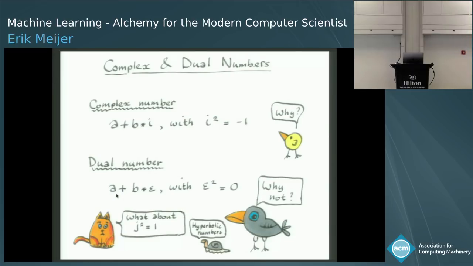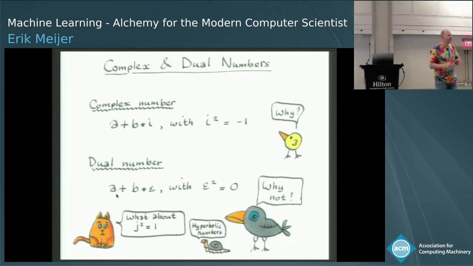And if you multiply them, you just use the rules of multiplication. And then if at some point in this term you get an I squared, you just replace that by minus 1. That's just how you defined it, right? And again, it turns out that this thing is super useful. It's used in electronics, physics, whatever, graphics. But again, think of these things as purely syntactic, where I'm just imposing some arbitrary rule like I squared equals minus 1.